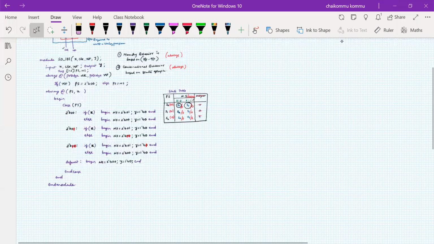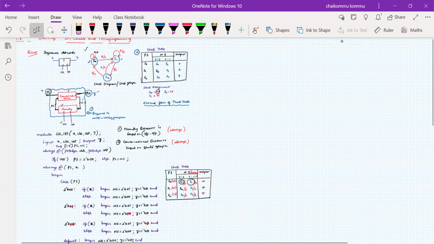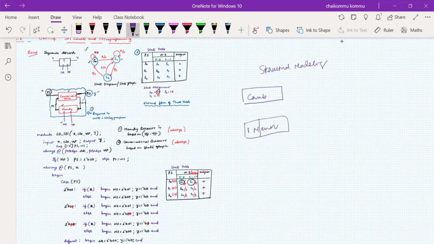For example, if you want to write in structural modeling, for the sake of explanation and simplicity, I'm writing here. The structural modeling requires a combinational circuit and memory. The memory is actually D flip-flops, right?